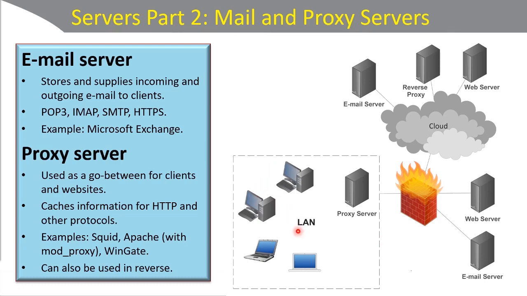So let's show how this works. Here we have some computers on the local area network, and we have a proxy server here as well. Let's say that one of these computers wanted to go to a website, and we'll just use example.com as the example. That computer would go through the proxy server every time, and then out to the internet and out to that website.